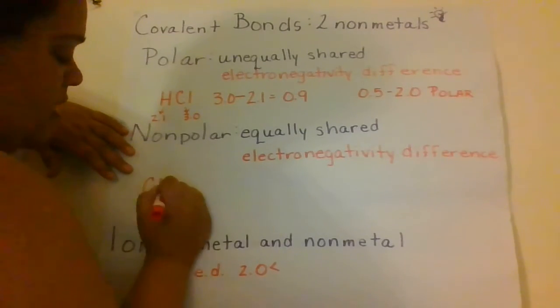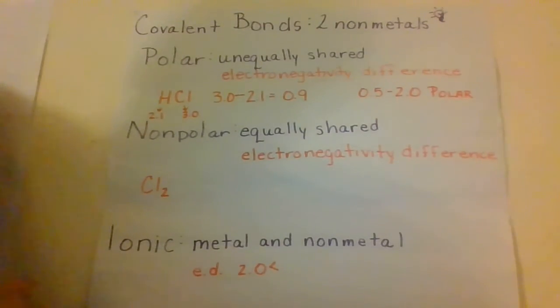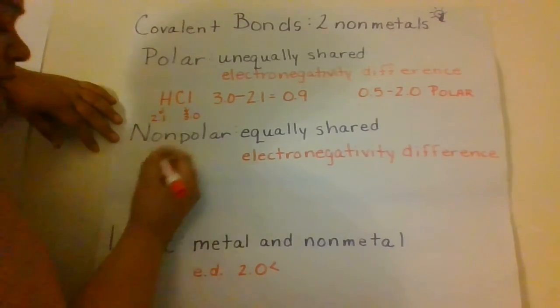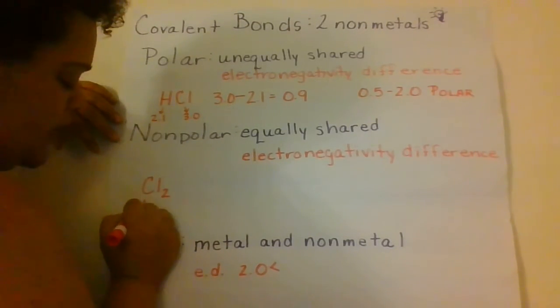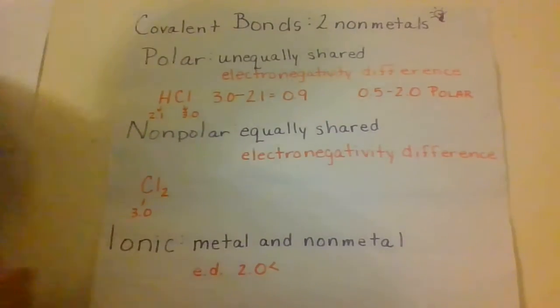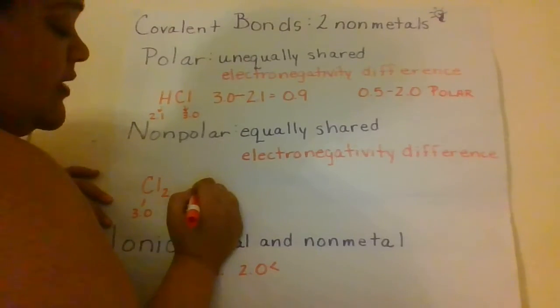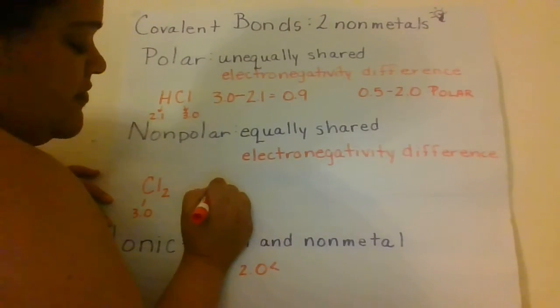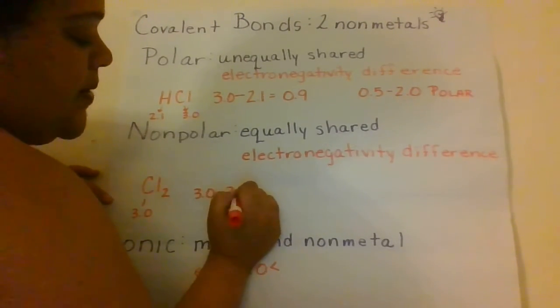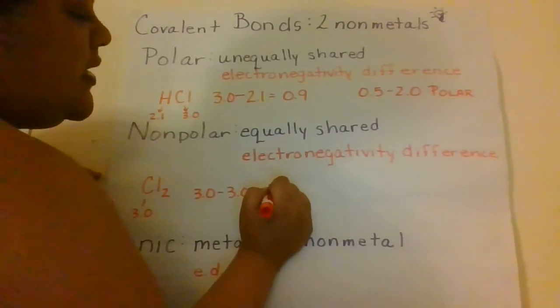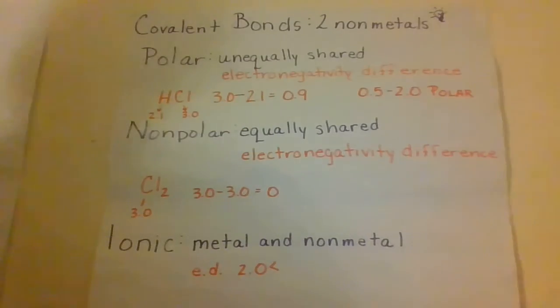So we already know from our previous problem that Cl is going to be 3.0. Let's see what happens if we take the difference of the elements in our compound. So 3.0 minus 3.0 is going to yield us a difference of 0.